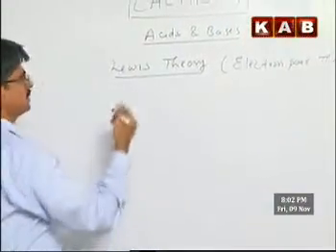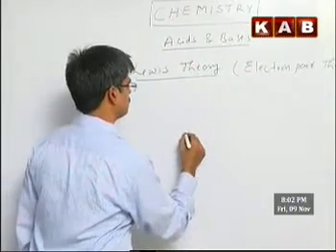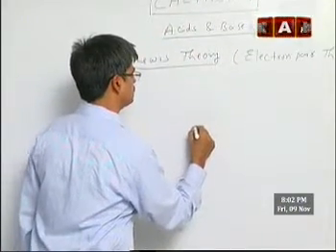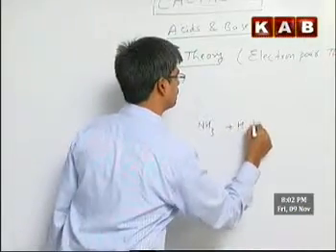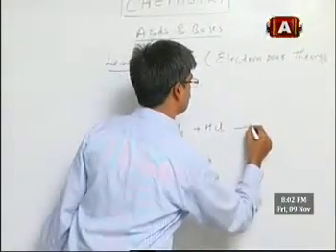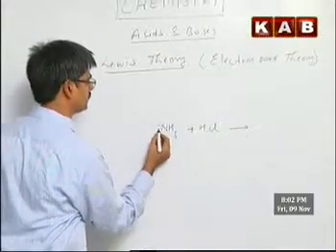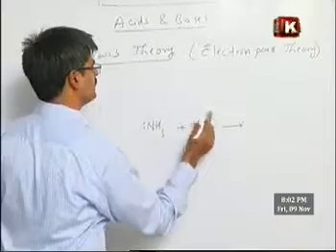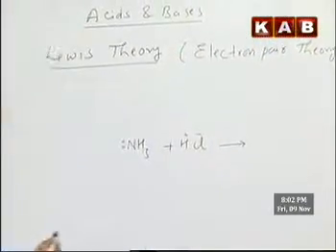Now let us see what is the meaning of acid and what is the meaning of base in this theory. If you take a simple example like ammonia, that is NH3 plus HCl giving rise to... Here, ammonia has a lone pair of electrons on nitrogen, whereas HCl has proton H plus and Cl minus. Proton is electron deficient.